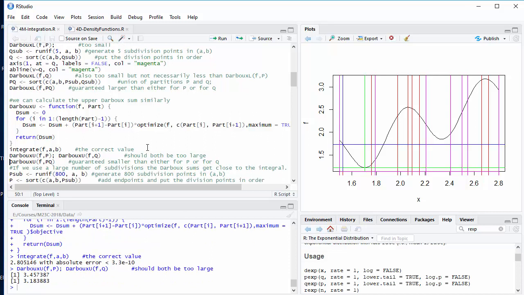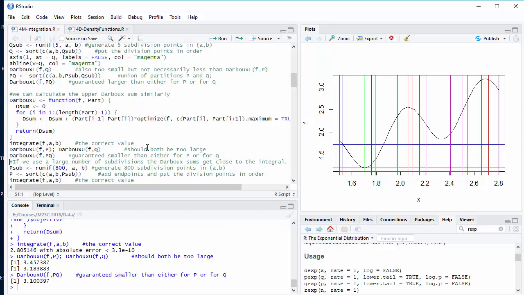Here are the upper sums for P and for Q. And remarkably, the one with P, although it had more subdivision points, overshot by significantly more. But if I use the combined partition, then I get a value that is closer to the correct value than either the one for P or for Q.